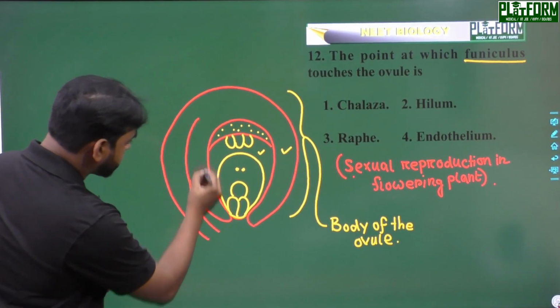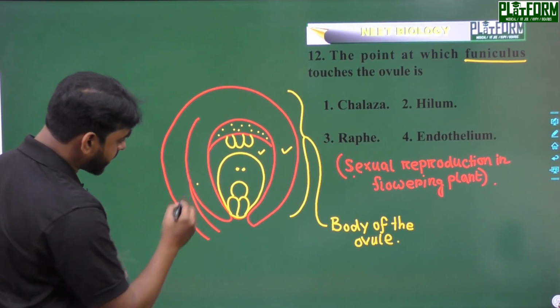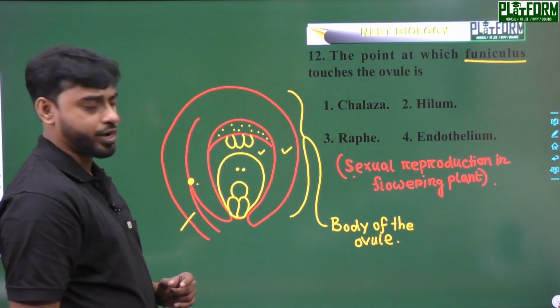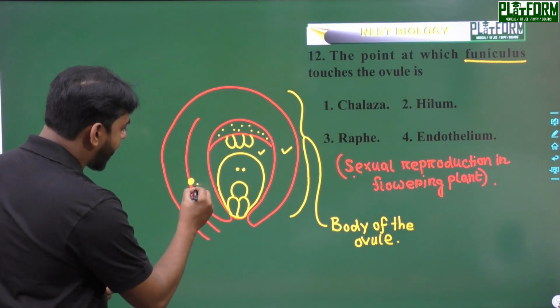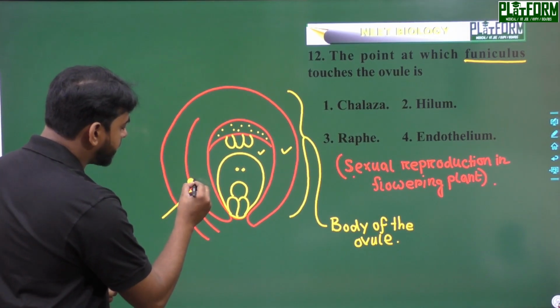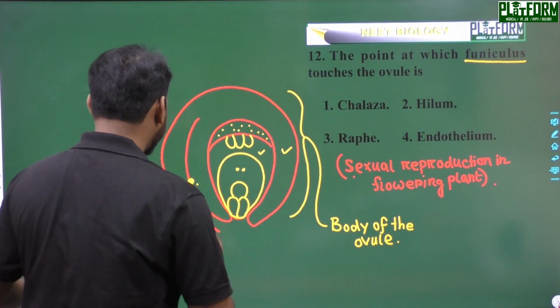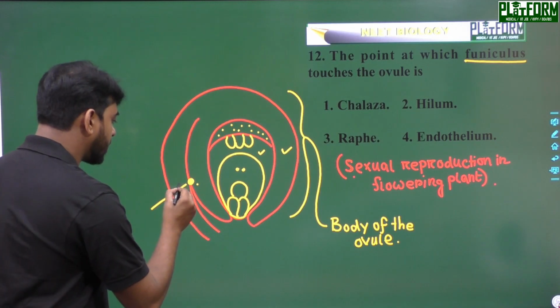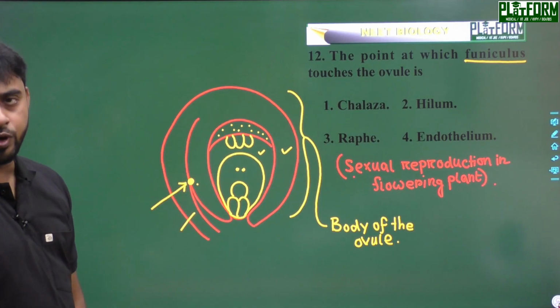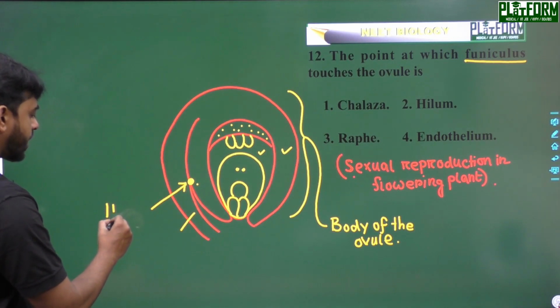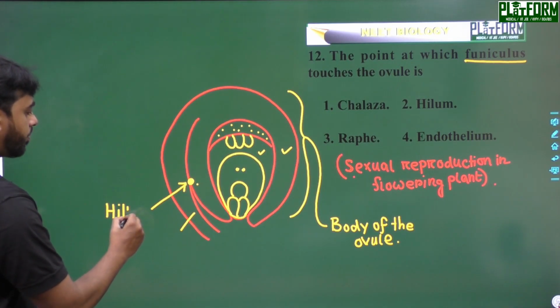That means this is the body, this one is the integument. The particular point where the funicle touches the body of the ovule is known as the hilum.